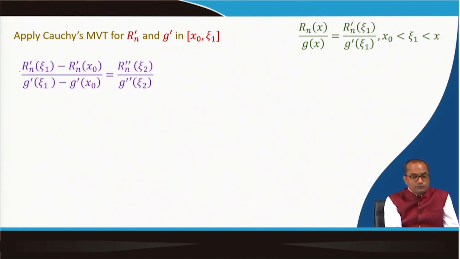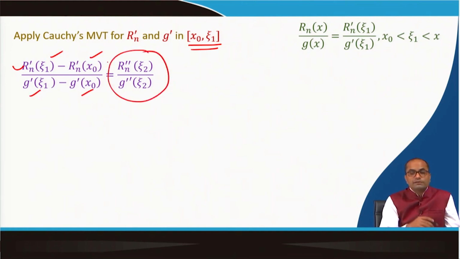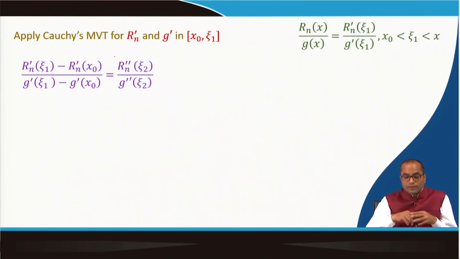As a result, in the interval x naught to xi 1, we get Rn prime at xi 1 minus Rn prime at x naught, over g prime at xi 1 minus g prime at x naught, and the double derivative terms will come, because of the derivative of these derivatives. So we have the derivatives there on the right hand side.